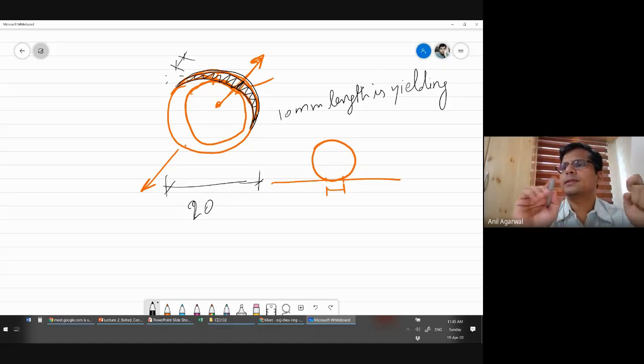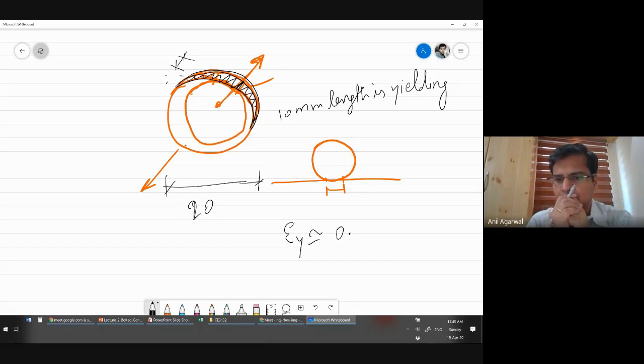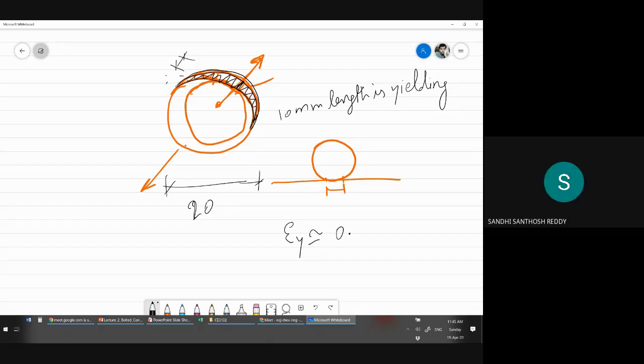Let's say we are allowing it to go up to FU, and FU takes place at some strain level that is very difficult to guess in this particular geometry. But the yield point, epsilon y, is how much? At what strain does the material yield typically? 0.0002. 0.2% strain.